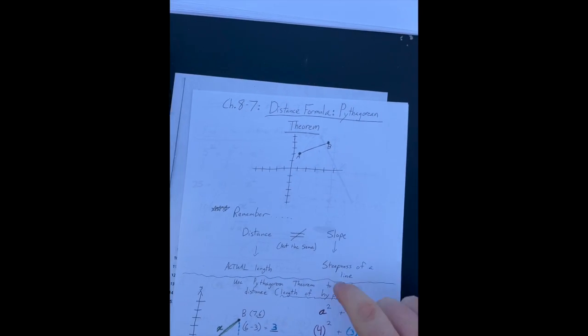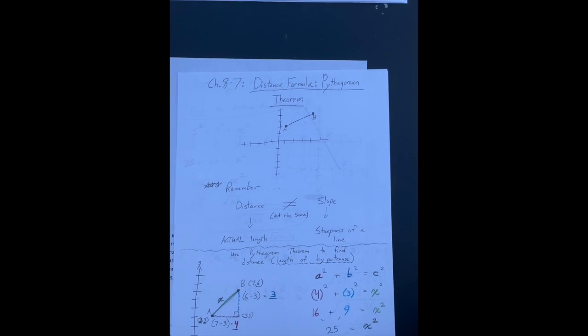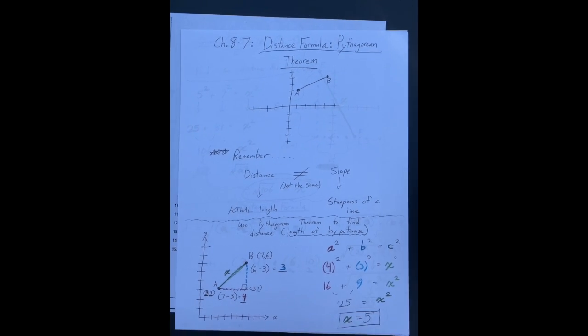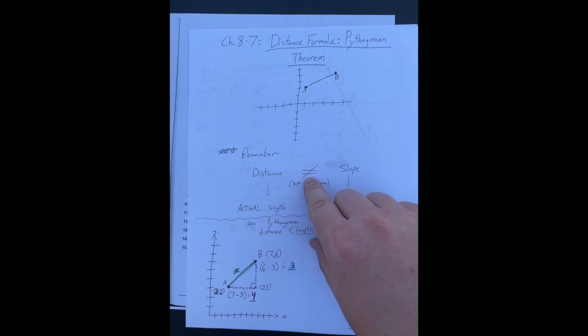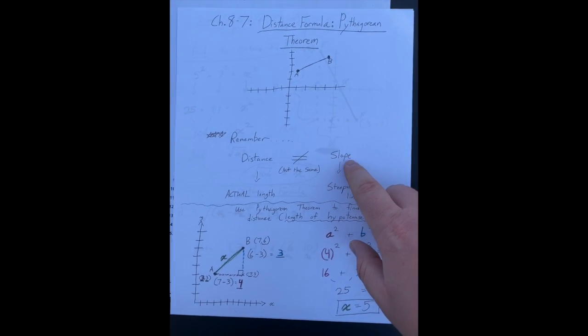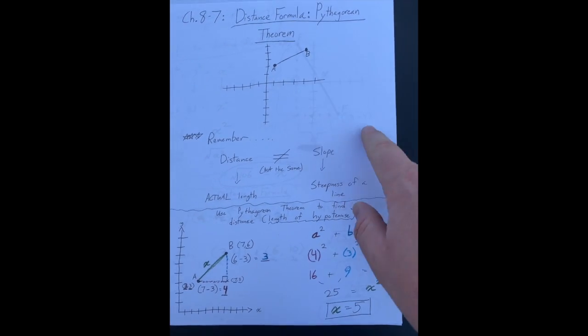So, distance. We are going to be sort of using our coordinate grid, but I want to make a very big note for those of you who are relying heavily on our slope formula, rise over run. Distance is not the same thing as slope. When we were calculating slope, we were calculating the steepness of a line. That is, how steep is a line if we are going up it or going down it.